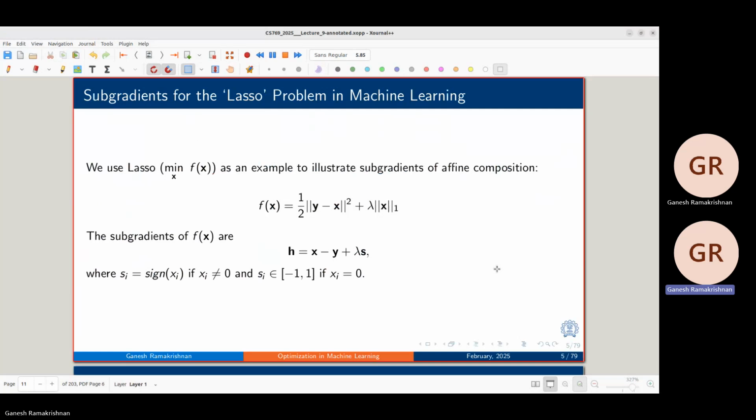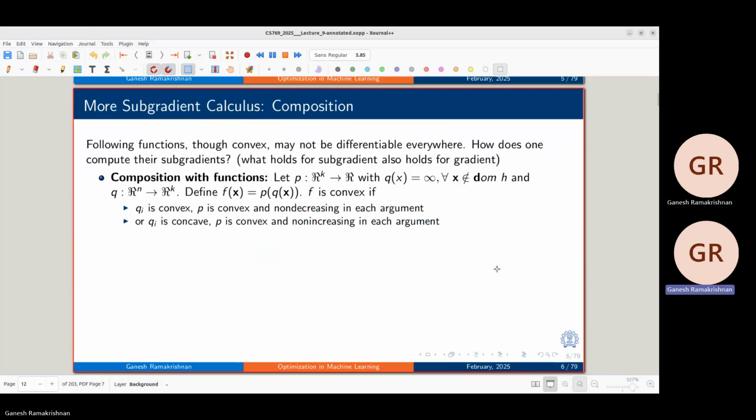I'm not even talking about affine transforms and all that. Those are simple, right? Maybe we'll bring it up, but we are going to look at the non-trivial ones. The second one is the composition.